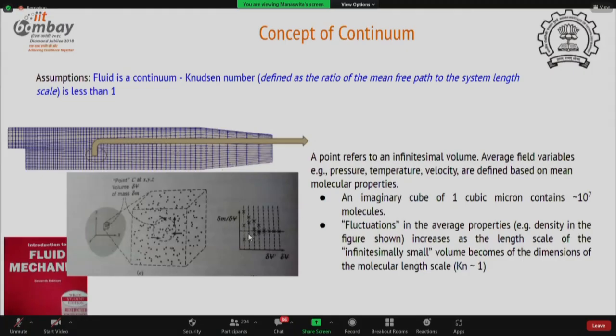But if the probe is larger than the mean free path, these fluctuations wouldn't be seen. So if we are in this region where the molecular fluctuations are not seen, we can say that we are in the continuum regime, and that means the Knudsen number is much less than 1. This is the formal definition of continuum. We always say that fluid is a continuum.